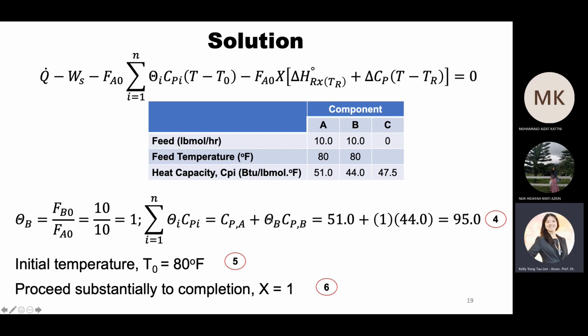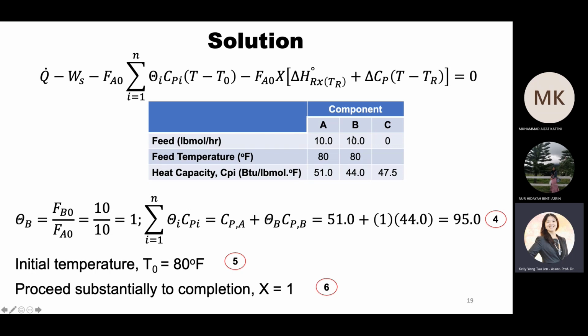So how to find theta B? So kan saya kata theta B kamu boleh cari depends on the information given. Either is given molar flow rate or given concentration or mole fraction. Tapi dia mesti initial value. So in this case, they give us initial molar flow rate of A and B. FA0 was 10, FB0 was 10.